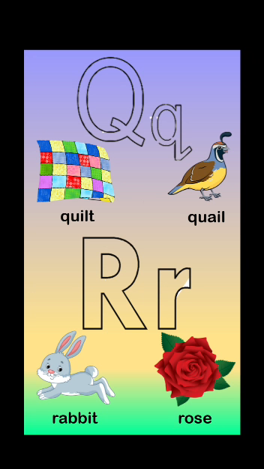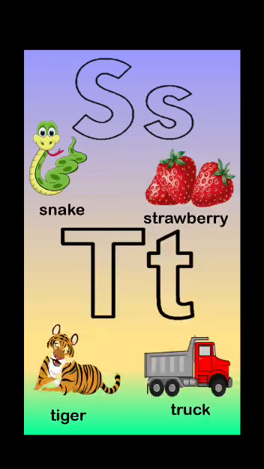The next letter is letter R. And the sound of letter R is R. R for rabbit. R for rose. Now let's move towards the next letter. The next letter is letter S. Which letter is this?